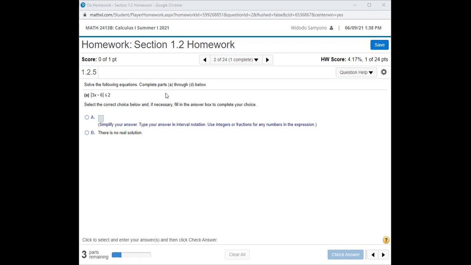Okay, so first, to solve this one, if you see the question help, the question help just gives you the textbook, right? Yes, and also ask my instructor.